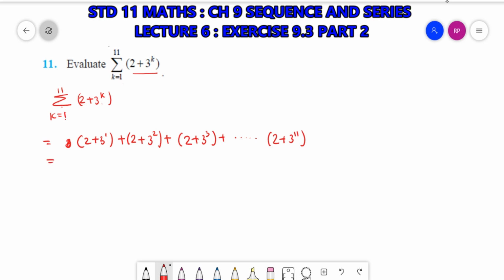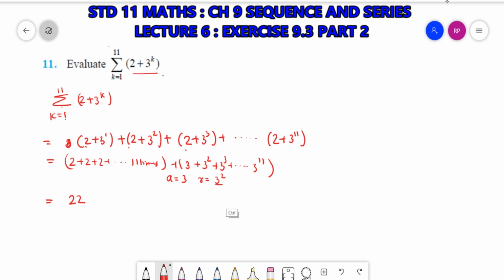Okay. So now see, if you separate it, 2 plus 2 plus 2, there will be 11 such brackets, 11 times. Plus 3 plus 3 square plus 3 cube up to 3 raised to 11. Okay. So 2 plus 2 up to 11 times, that will be 22. Now in this case, the first term is 3 and the ratio, that is 3 square by 3, equal to 3.